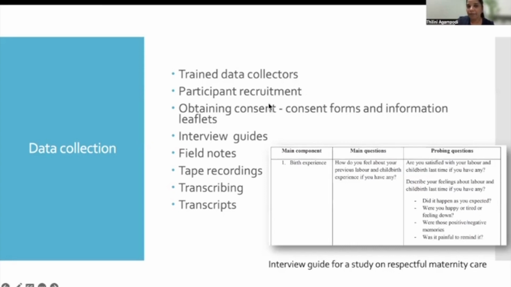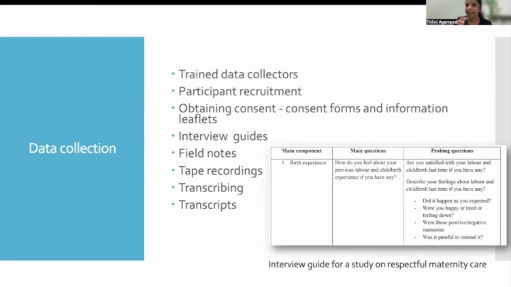Then you have to mention participant recruitment, specifically in qualitative studies. The reviewers expect to know who reached the participants, right? Who introduced the study, where did you reach the participants, at a place convenient to the participant, maybe in the residence, at a time convenient to the participant.